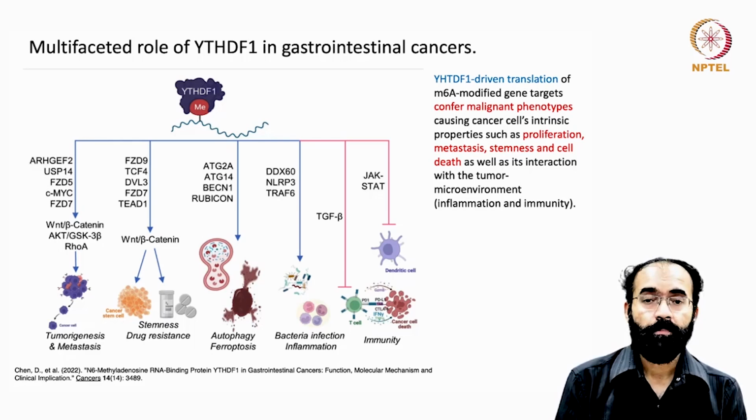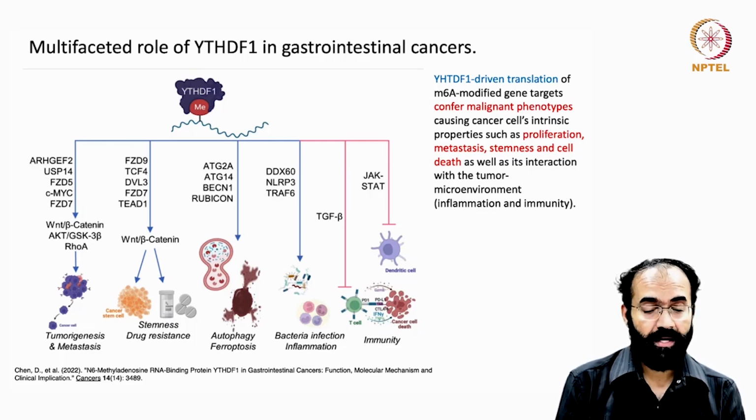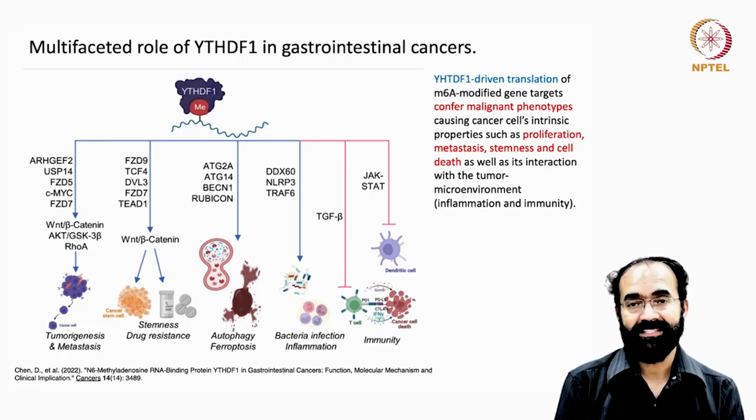So a lot of proteins in this mRNA category, like you can see AR, HGEF2 and USP14, FCD5, CMYC, FCD7, and so on and so forth. Many of them are components of the Wnt beta-catenin signaling pathway, and eventually you will see accelerated Wnt beta-catenin, AKT, GSK3 beta, Rho-A pathways, and it will lead to tumorigenesis and metastasis.